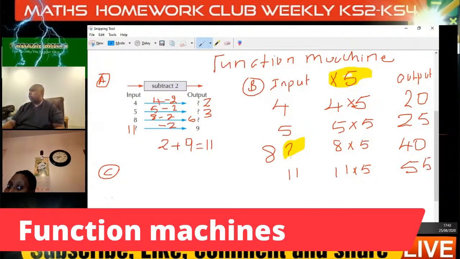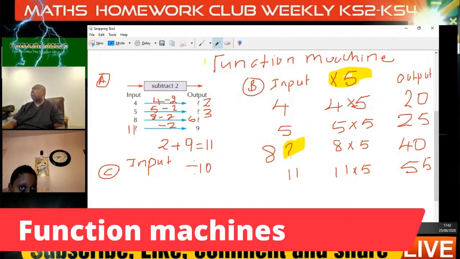Okay, so the final one before I ask you to copy this and have a go. So we got here input, right, is divided by 10.